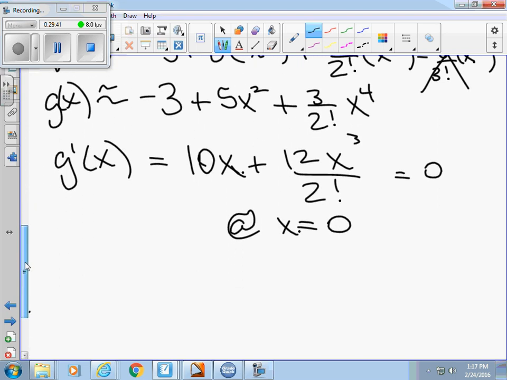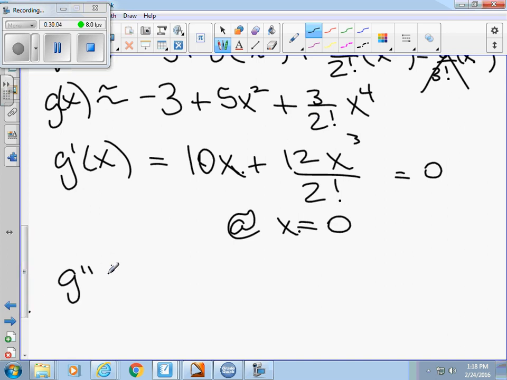Although, good, it does work, doesn't it? You can plug in a negative number. Since these are all odds, you get a negative number if you plug in a negative, and a positive number if you plug in a positive. So we do have a sign change. What other option could you do? Second derivative test.